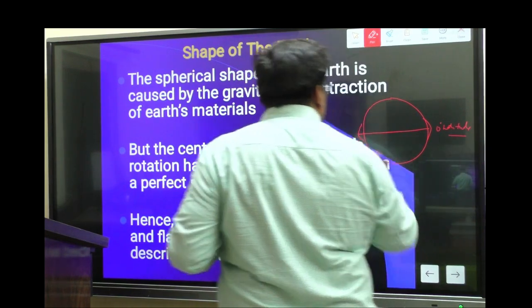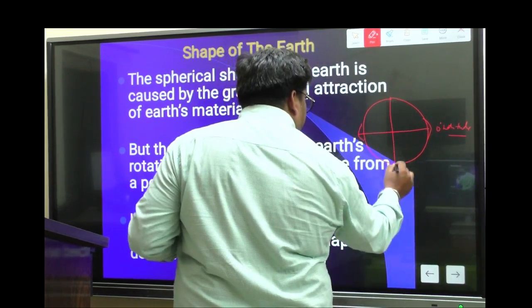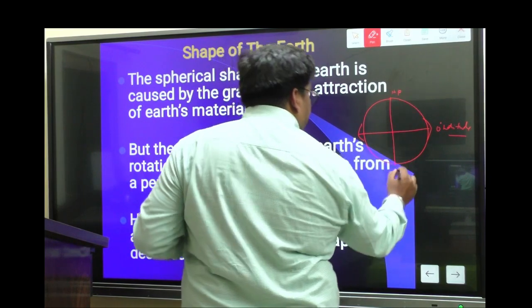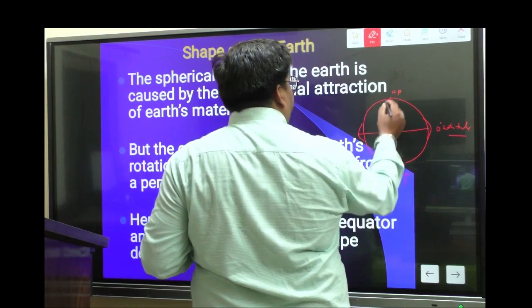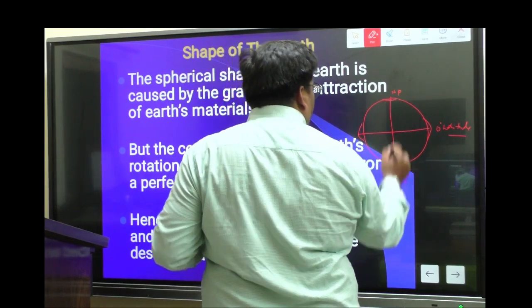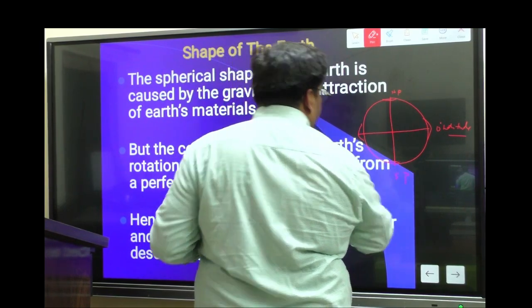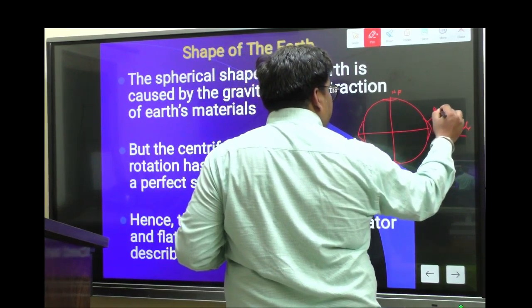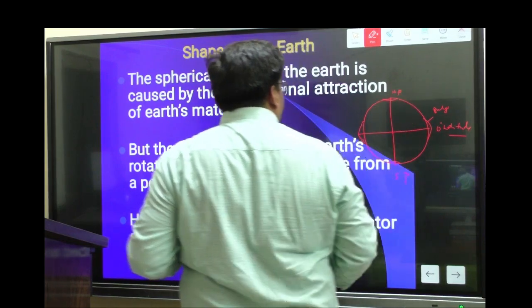Now if you draw a perpendicular line from the north pole to the south pole, you will find a somewhat flattened surface. This is a bulge, this is a bulge, this is a flattened surface.